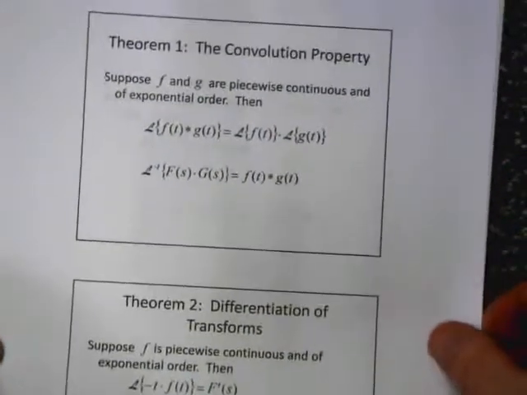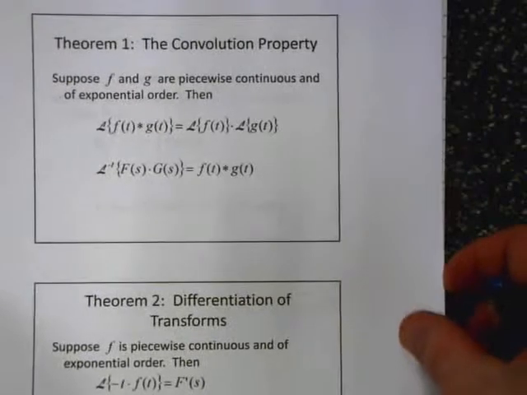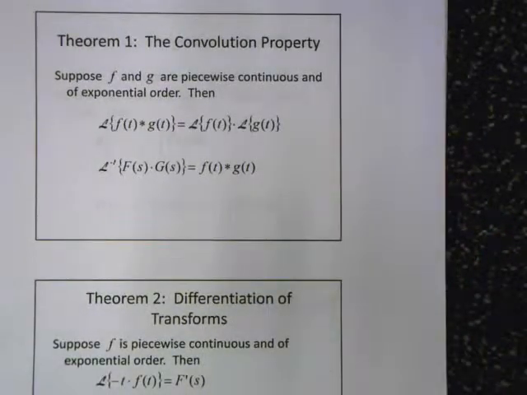All right, here comes the big theorem. Suppose f and g are piecewise continuous and of exponential order. What did that mean again? What did piecewise continuous mean? They're just curves, not necessarily connected.